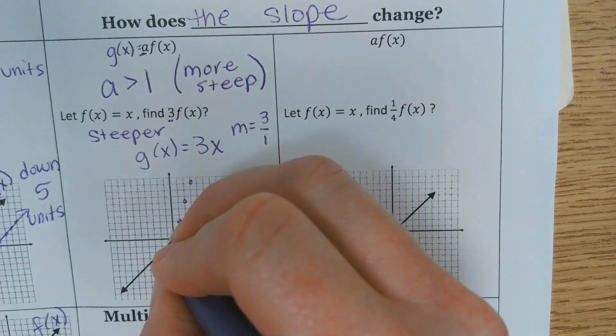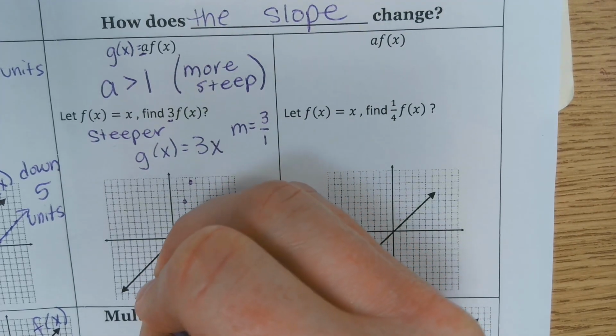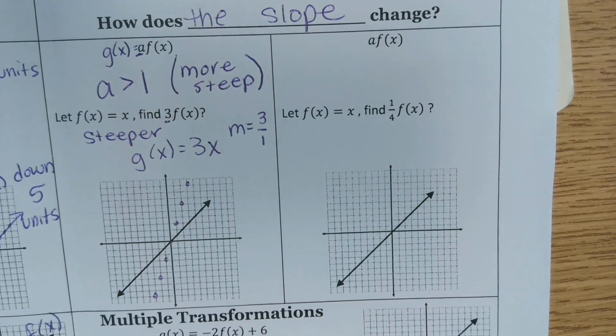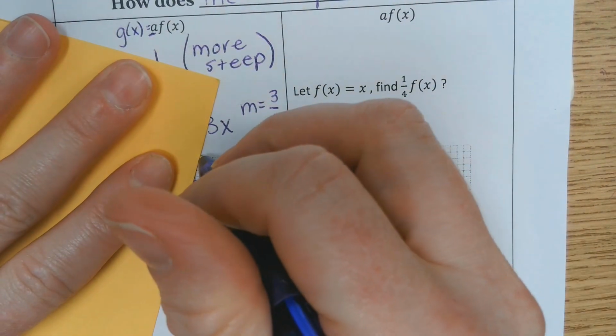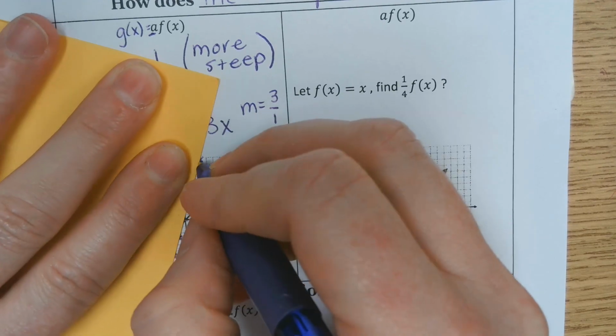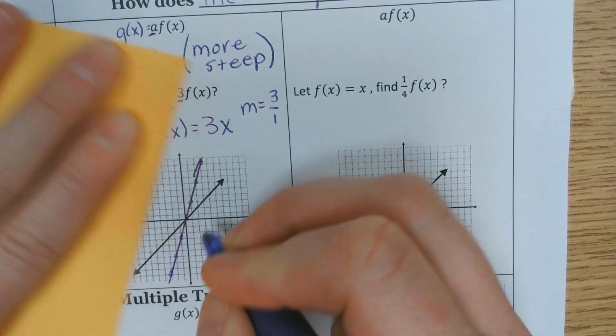And then down 3, left 1. So see how it is steeper? There we go.